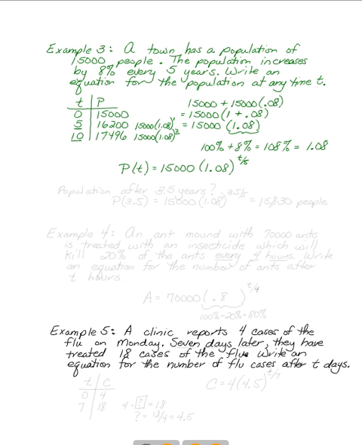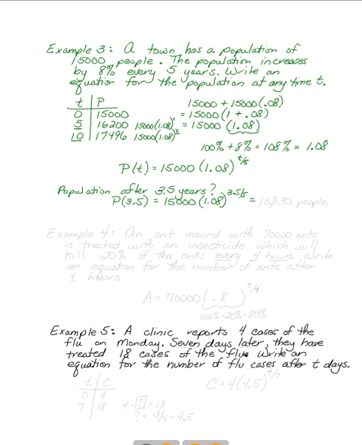Okay, now that means, by the way, we've been using whole numbers, but we could say, what is the population of our town after 3.5 years? Well, all we'll do is take our equation and plug in 3.5 for t, so we'll get 15,000 times 1.08 to the 3.5 divided by 5.